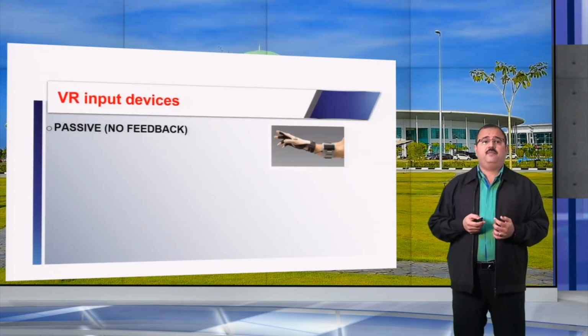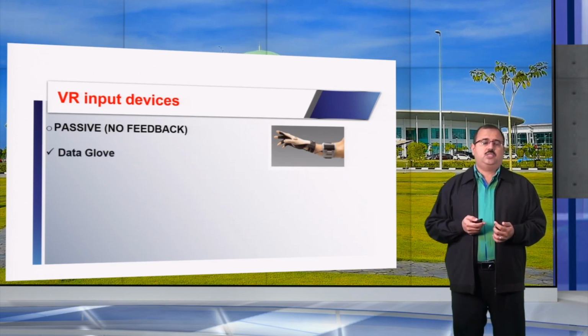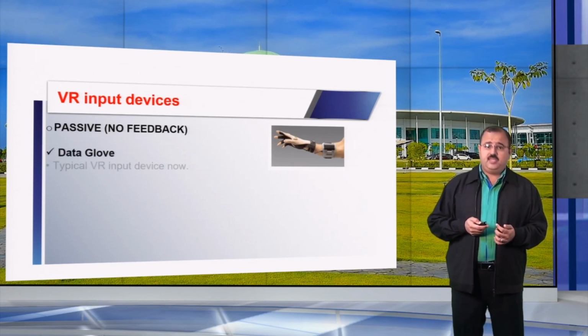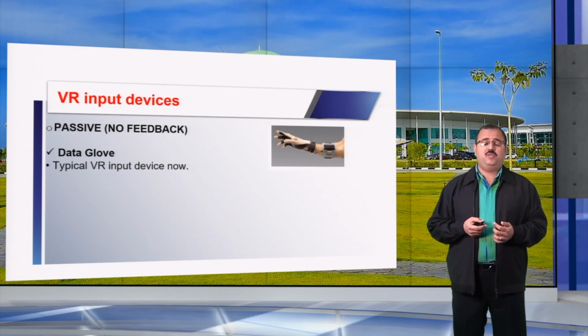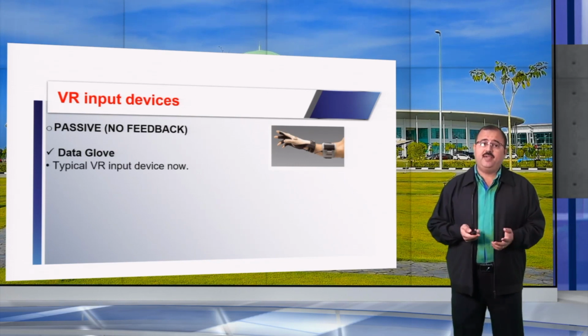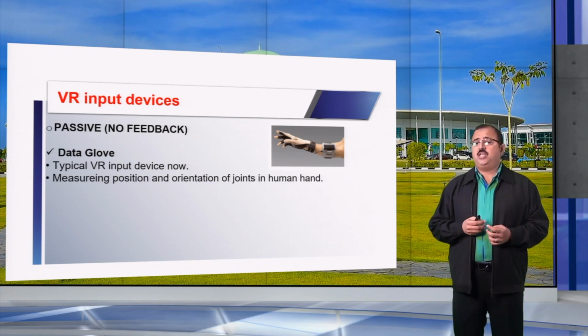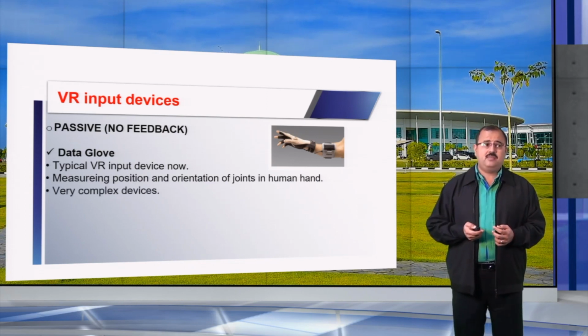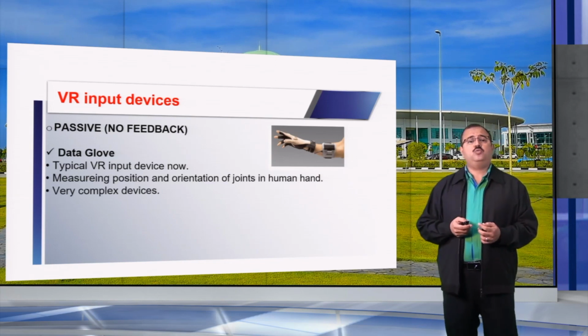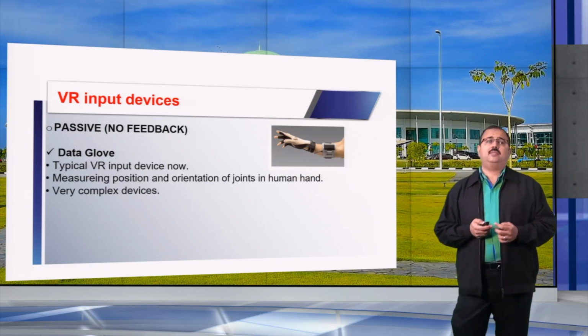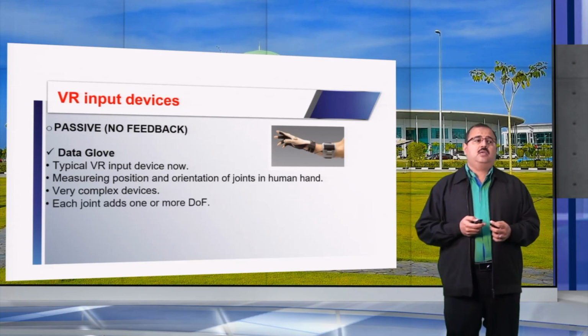Second are the passive virtual reality input devices with no feedback, such as the Data Glove. The Data Glove is now considered one of the typical virtual reality input devices, measuring the position and orientation of the joints in the human hand, and it is considered a very complex device.